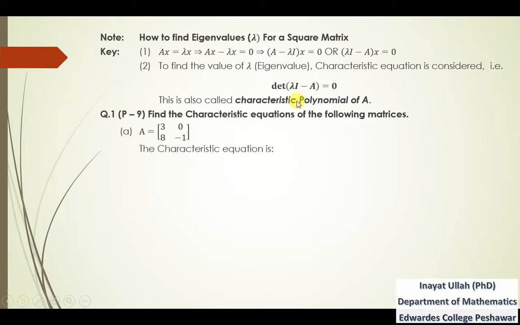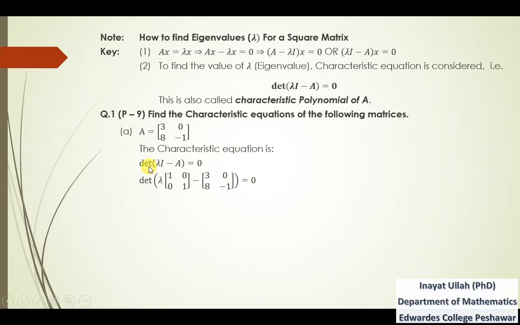So the characteristic equation is determinant of lambda I minus A is equal to 0. Now putting in the values of A, and replacing the identity matrix: we see here that A is a 2 by 2 matrix, so we will take the identity matrix 2 by 2, 1 0 0 1.